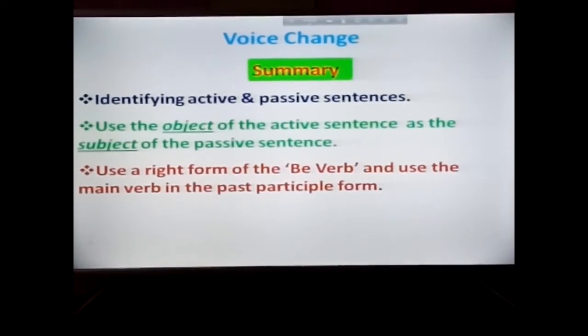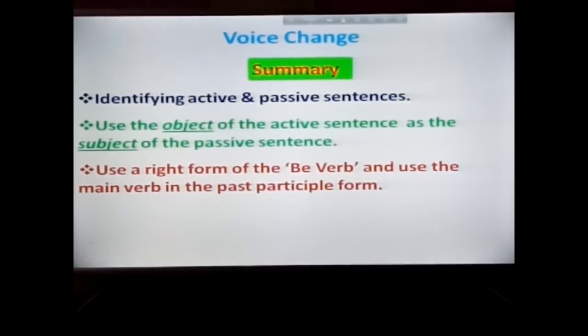We have also learned that a right form of the be verb is always used as an auxiliary for the past participle main verb. The main verb in a passive sentence is always in the past participle form. It never changes its form. The form of the main verb in a passive sentence is fixed. It is always the past participle form.